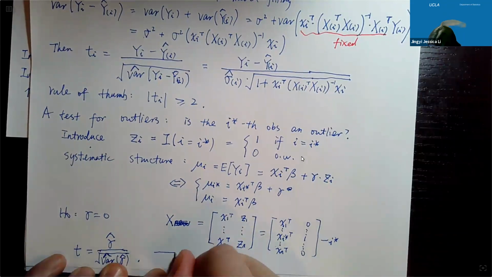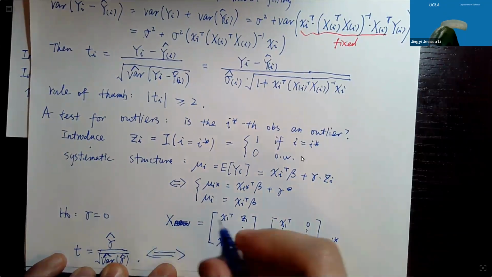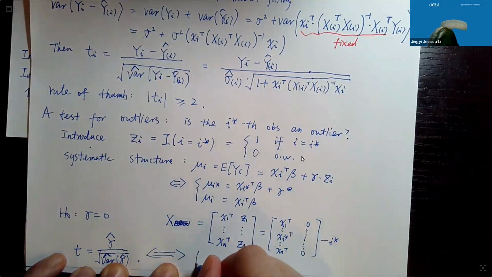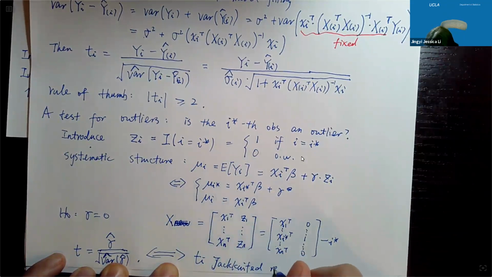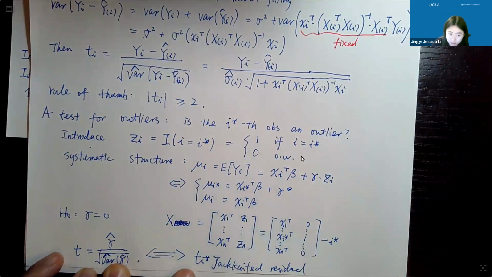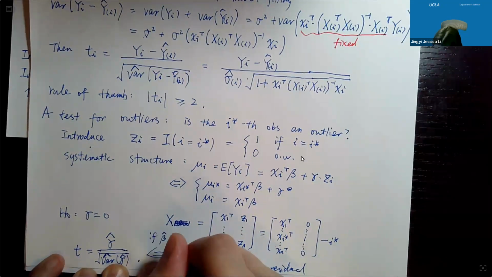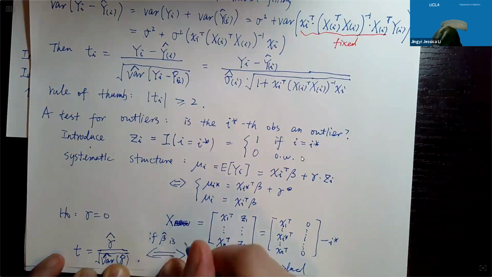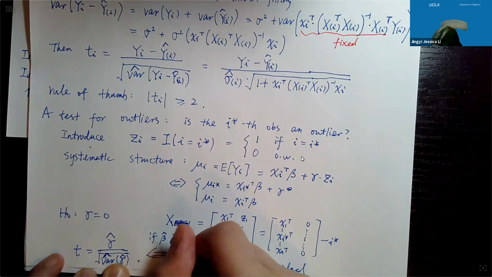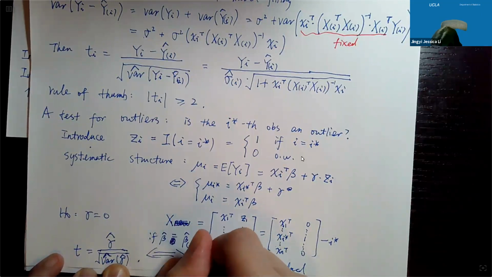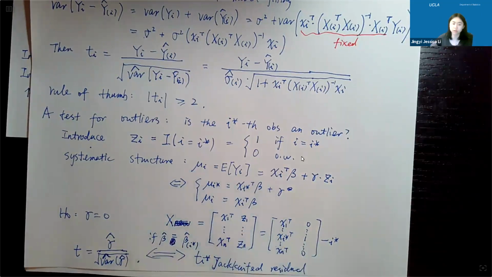So I'll just quickly write this as, this is equivalent to the Ti star, the jackknife residual, if beta hat is said to be beta hat with the i star observation excluded.